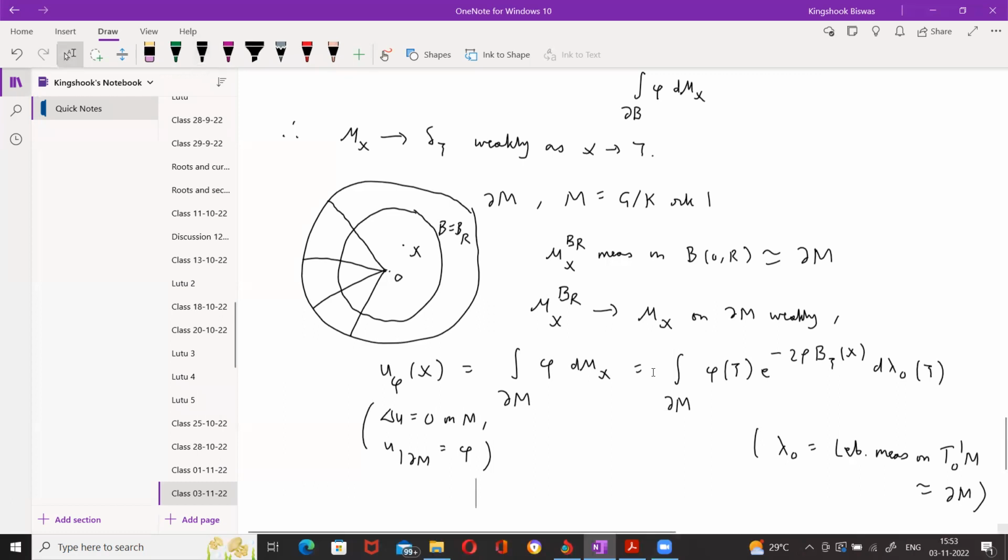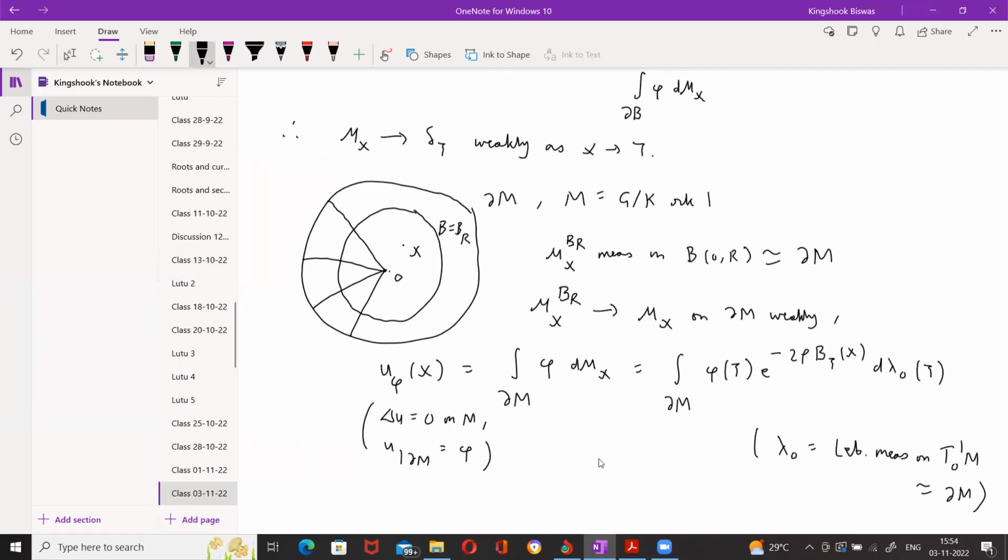Okay, we don't have much time left. Questions? Can you say anything geometrically about this mu x? For the boundary at infinity, we can describe it nicely.